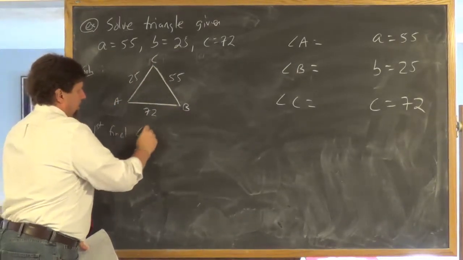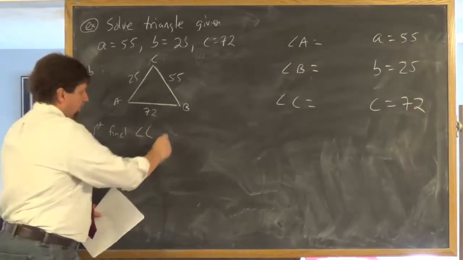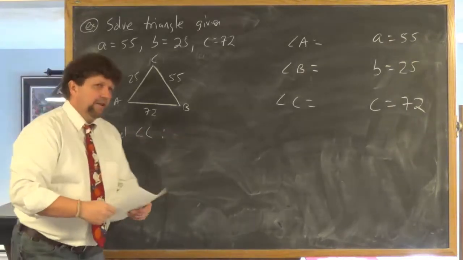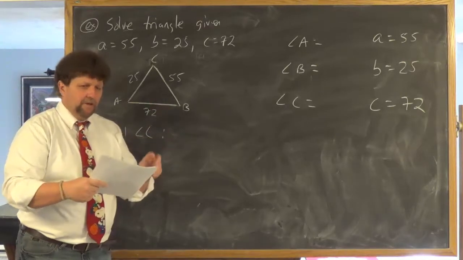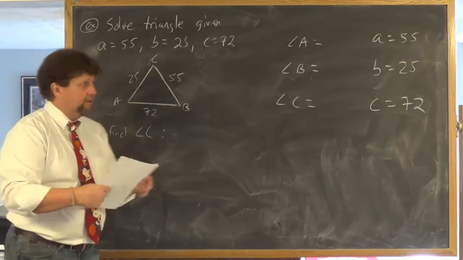Then I have to look at the three different versions of the law of cosines. Which of those versions am I going to use?